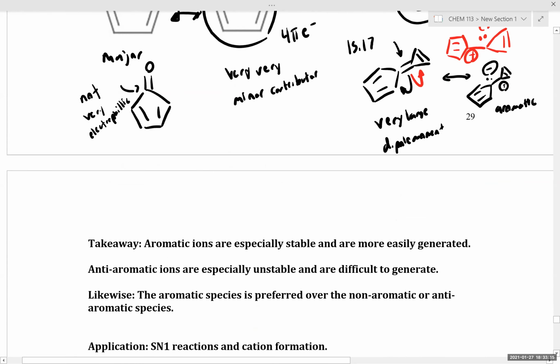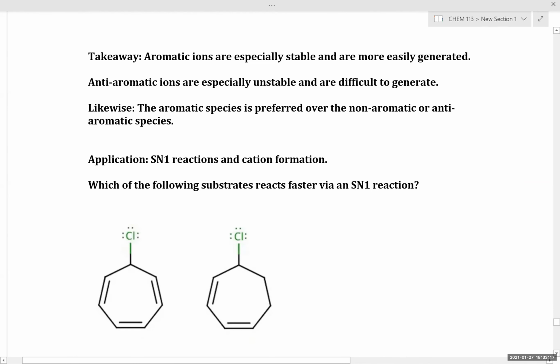So let's look at another example, and this is one that's pretty common, and it's pretty surprising actually, because it leads to a very non-intuitive result if you aren't considering this idea of aromaticity. So we know that aromatic ions are especially stable, and anti-aromatic ions are especially unstable and are difficult to generate, right?